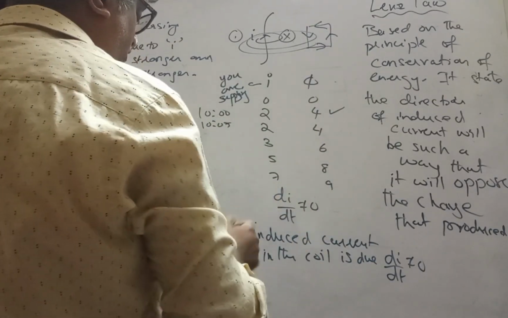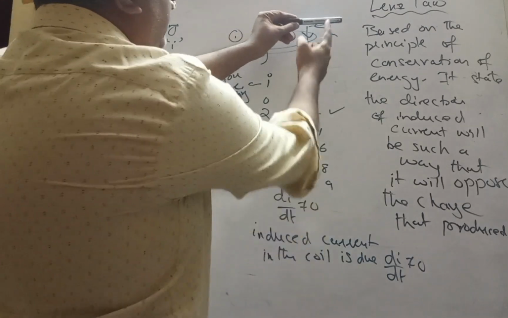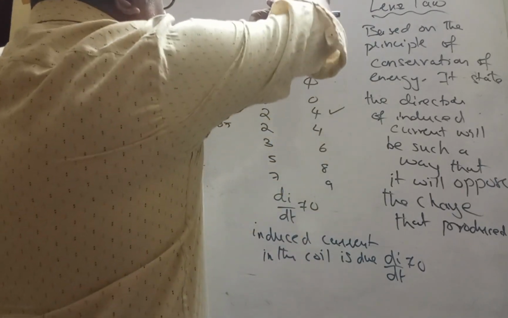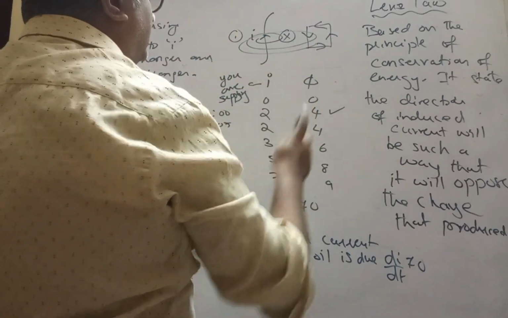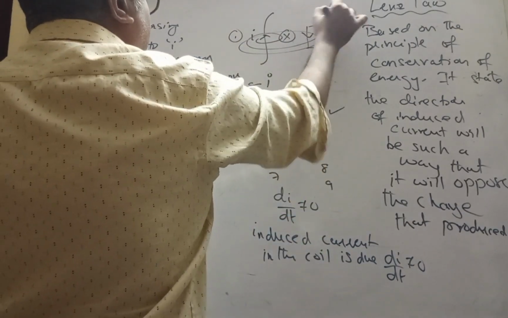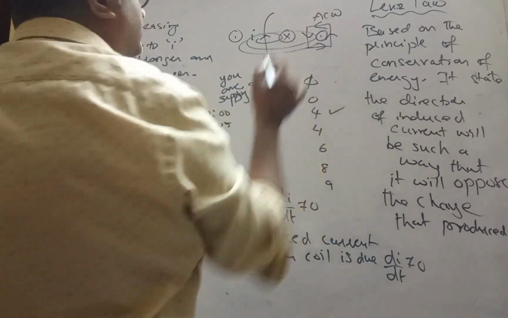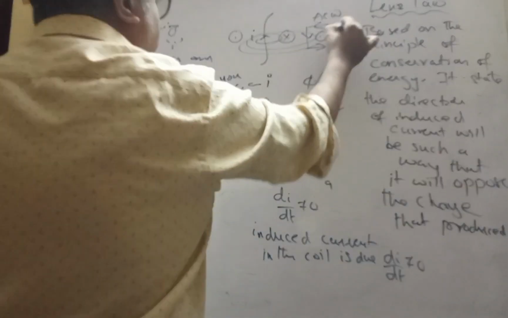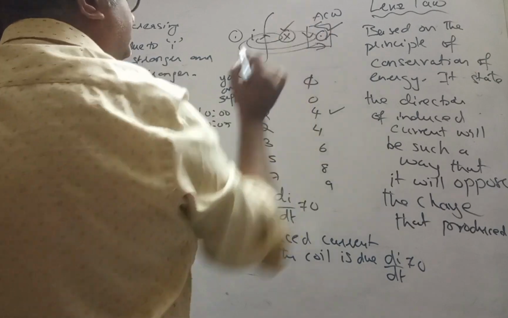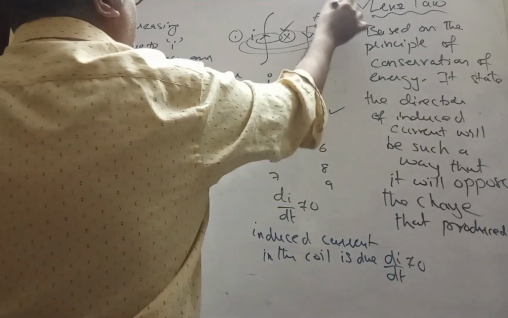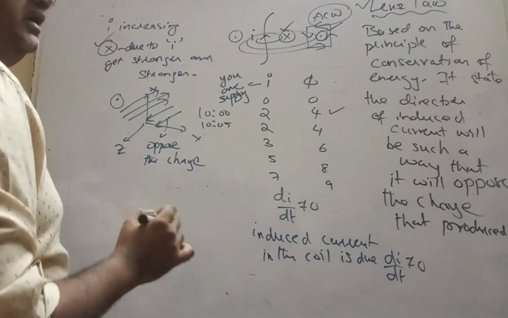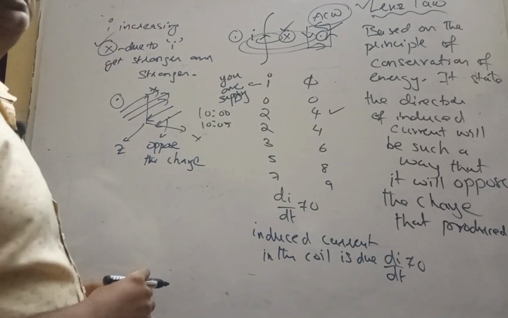Holding the current, the fingers point towards you, so the associated field will be like this. This is reducing the effect of the original field, which follows Lenz's law. So the current in the coil will be in the ACW, anti-clockwise direction.